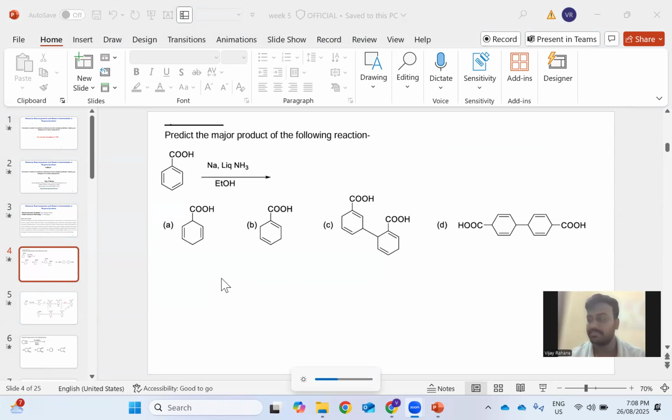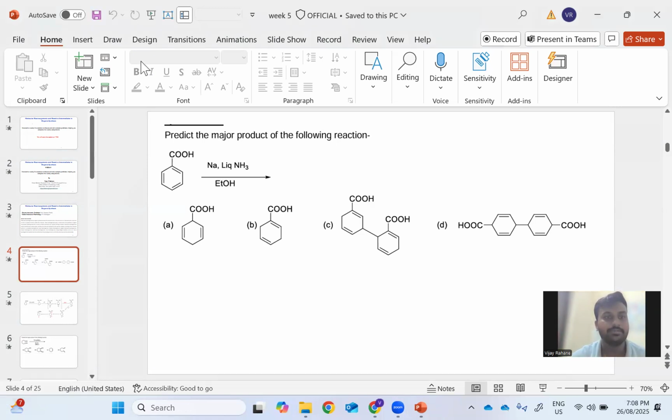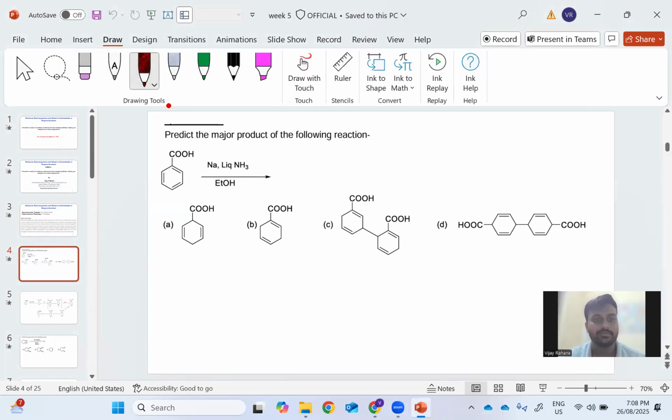You have been given one starting material and the product. Is there anyone able to solve this question? Anyway, I'm going to solve this one. But if anyone has an answer for this, please let me know. We'll discuss that.